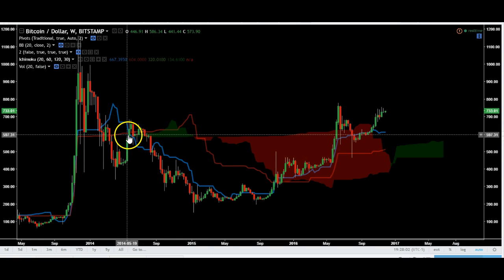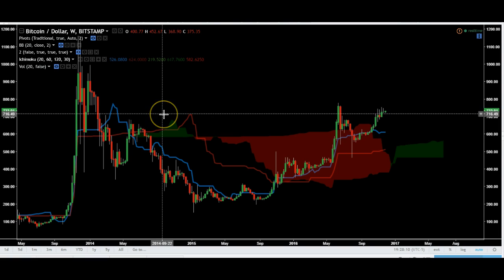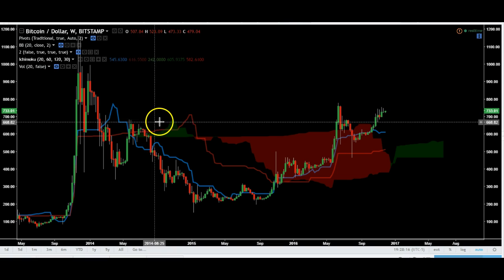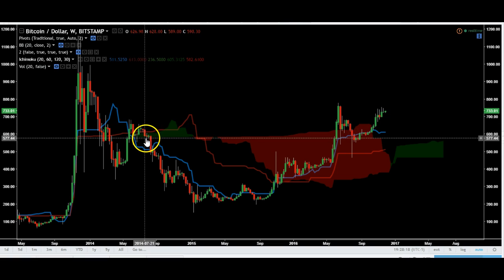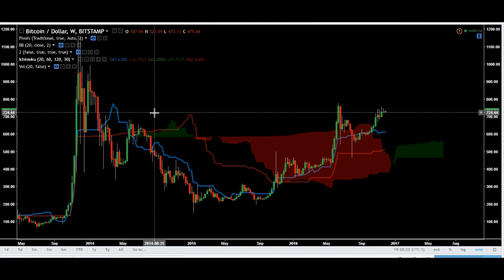When you get a cross of the slower above the faster, that signals bearish momentum, okay? When you get bearish momentum coupled with breaking of support, which is what the cloud is showing you, that is a signal that a bearish momentum entry is starting.